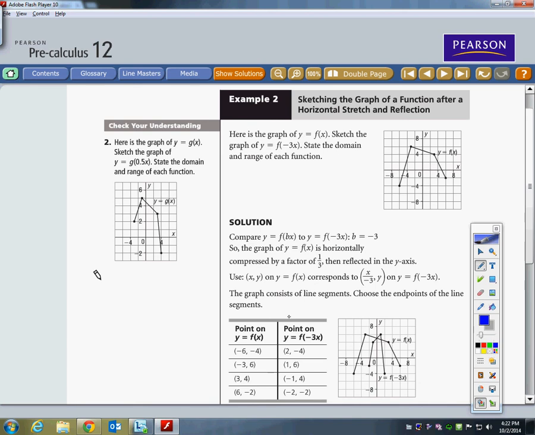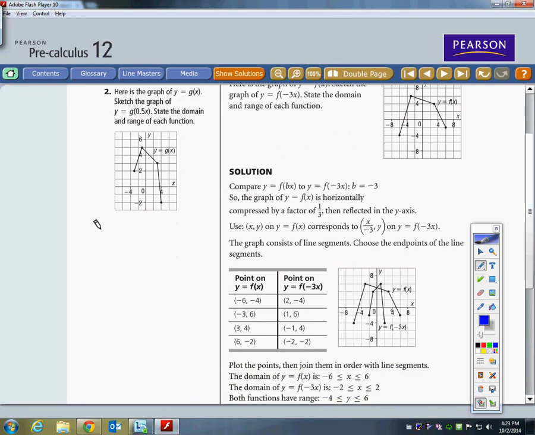So just a reminder that all the y values are going to stay the same now, but our x values are going to get multiplied by the reciprocal of -3. So the reciprocal of -3 is 1/3, so you're going to multiply them by -1/3. So -6 multiplied by -1/3 is +2. -3 multiplied by -1/3 is +1. Okay, and so on.